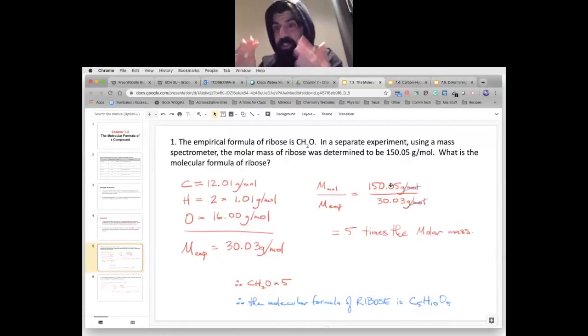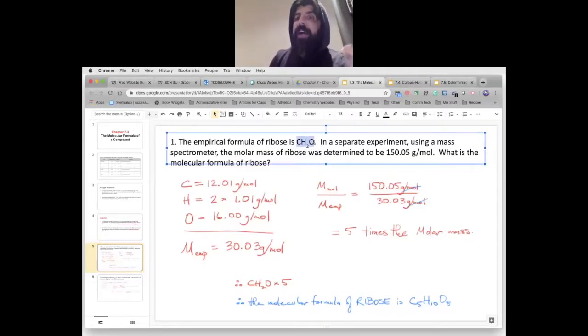We take the larger of the two values, we divide them, and we realize that it is 5 times its molar mass. So we take that 5 and multiply all the elements in our empirical by 5. That C gets multiplied by 5, that H2 gets multiplied by 5, and that O also gets multiplied by 5, which will give us the molecular formula of ribose being C5H10O5.